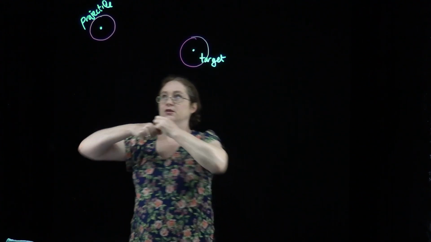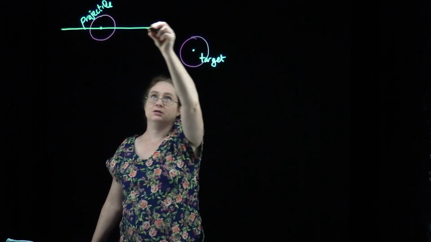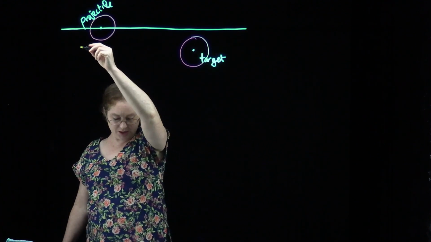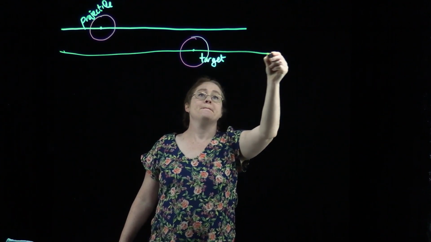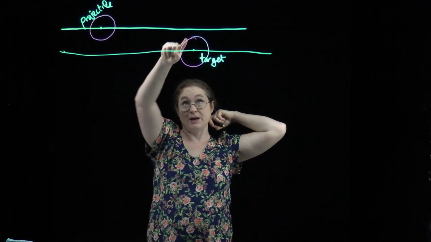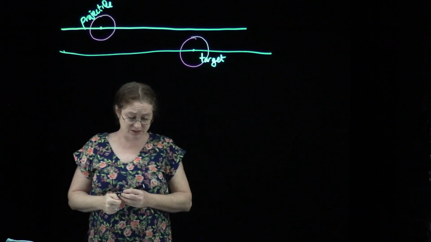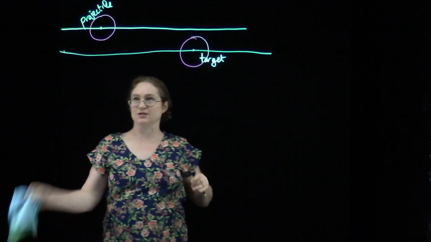The projectile is coming in with a certain momentum, and the target is there. You can draw a line that is parallel to the projectile's momentum going through the center of mass of the target, and pretend that this is a straight line.